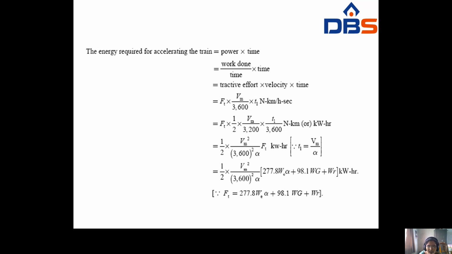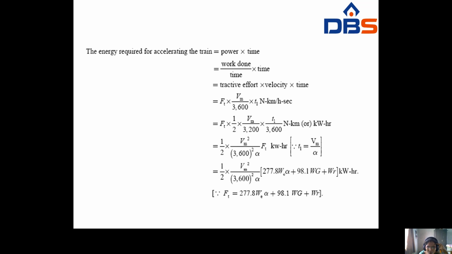You have to convert the total time period into hours. So it becomes 1 by 2 into (Vm by 3600) whole square into alpha Ft kilowatt hours. But from the simplified speed-time curve, T1 is the time required to accelerate the train, so T1 equals Vm by alpha.